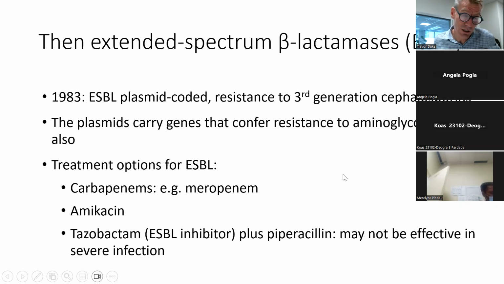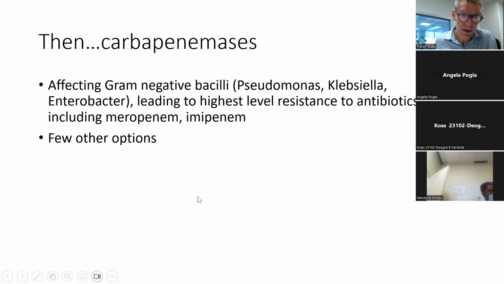And as antibiotics become more widely available, we'll see more community-acquired ESBL producing gram-negative infections, I think. As I said, more recently, the most worrying thing is that there are a number of gram-negatives like Klebsiella and Pseudomonas and Enterobacter that are now even resistant to those higher level antibiotics, so meropenem, imipenem. And for those infections, there's very few other options.